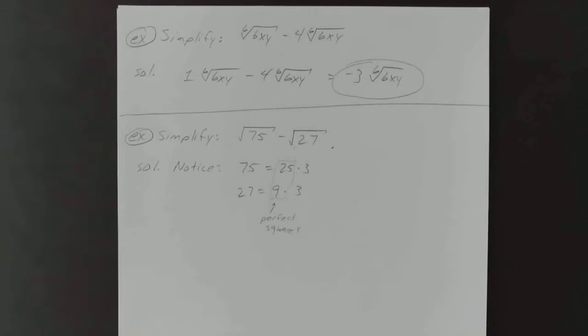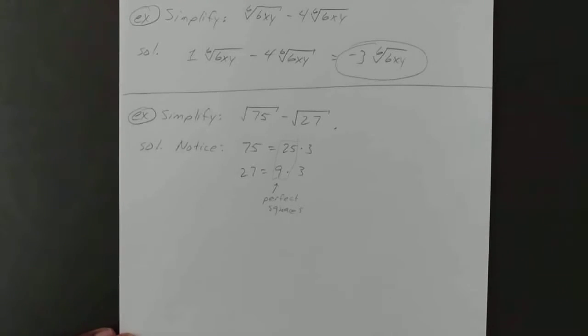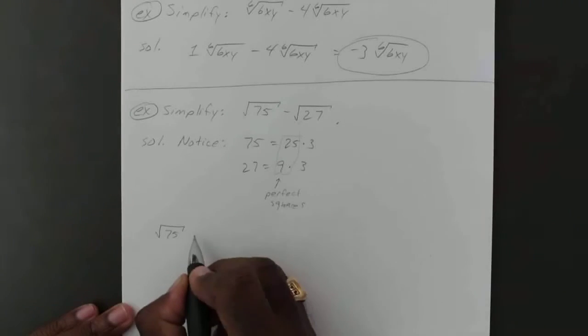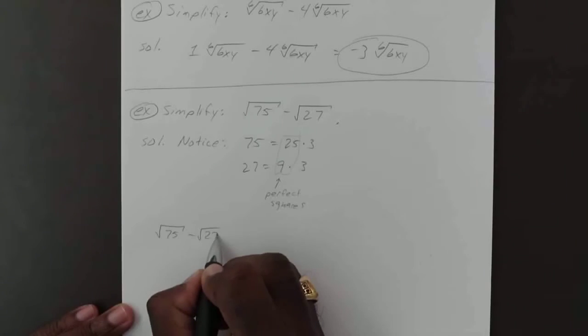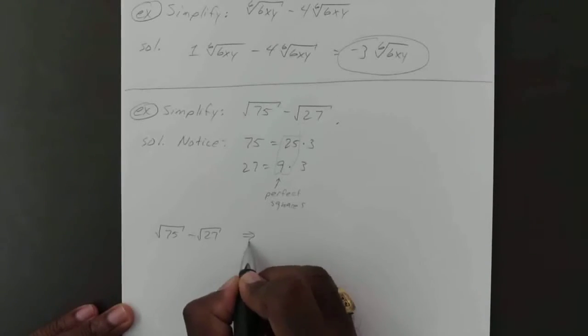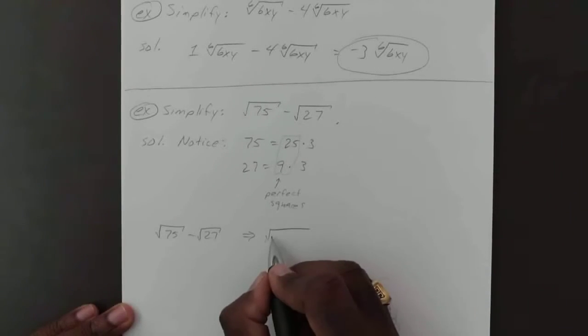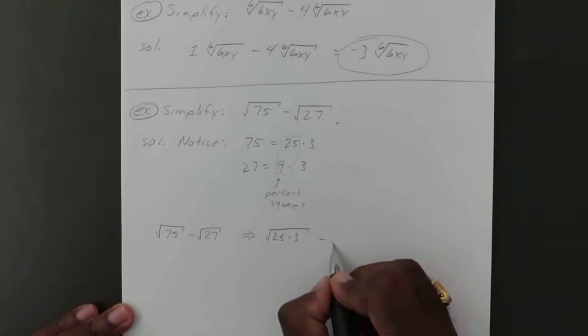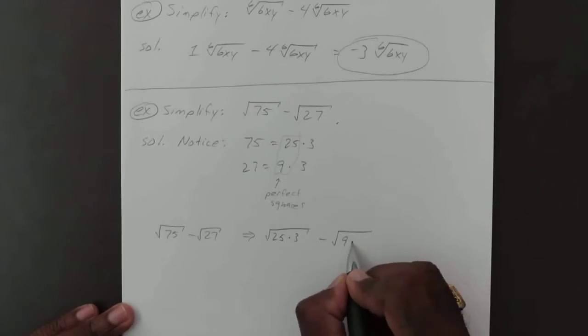So we have two perfect squares. So now we can just rewrite it. Square root of 75 minus square root of 27 can be written as square root of 25 times 3 minus the square root of 9 times 3.